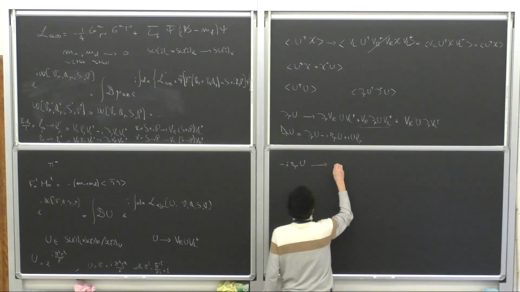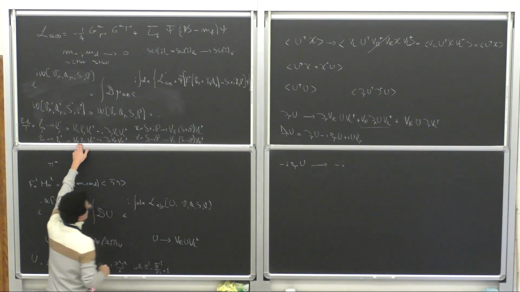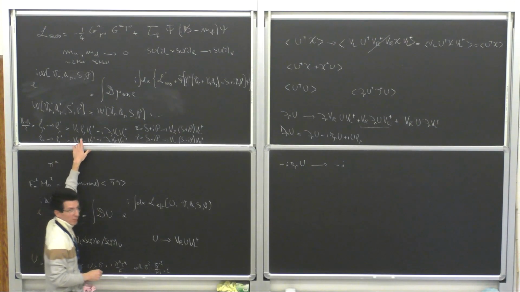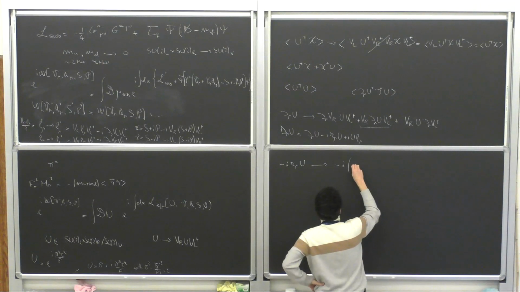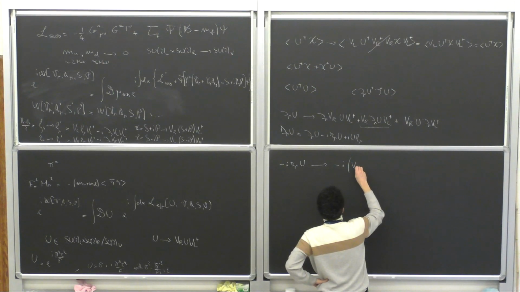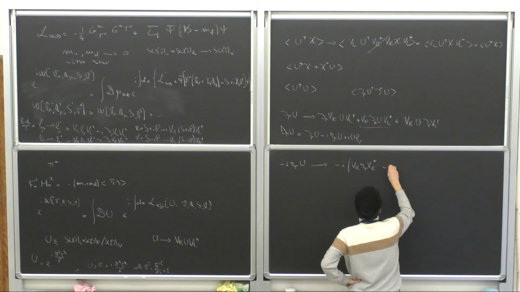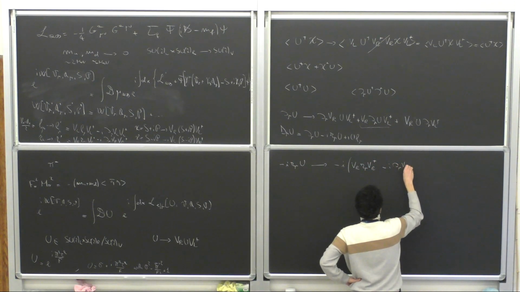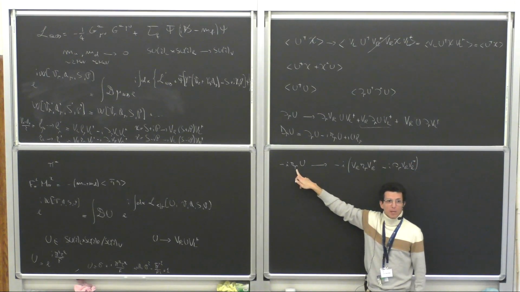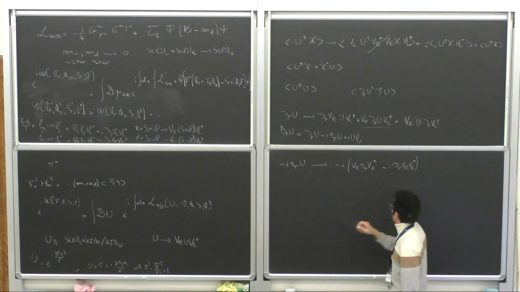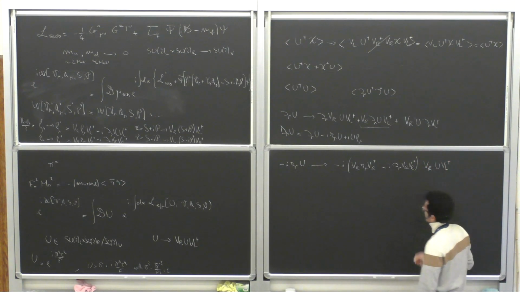So this goes like minus i r_μ. The transformation of r_μ is written on this blackboard, which is not very visible, I hope it is for you: V_R r_μ V_R† minus i ∂_μ V_R†. So this is the transformation of r_μ. And then there is the transformation of U. The transformation of U is V_R U V_L†.